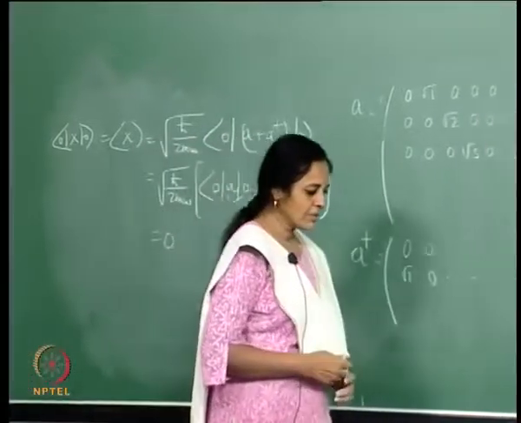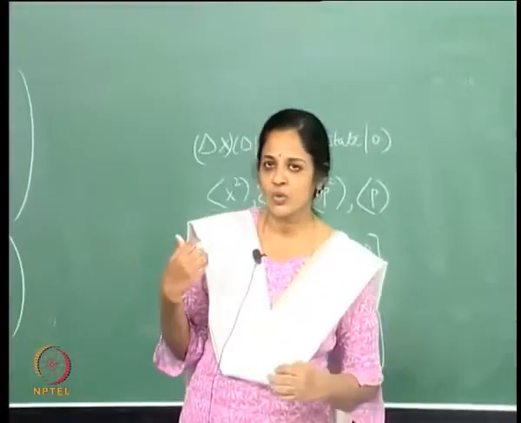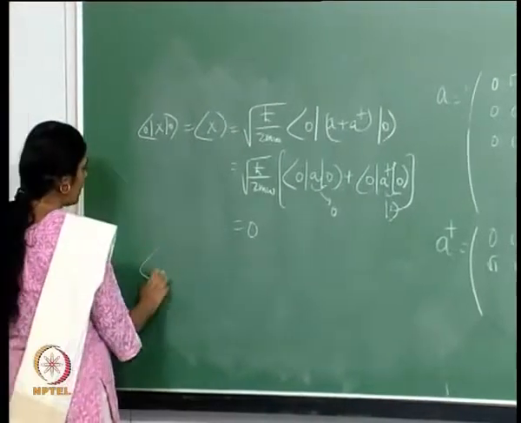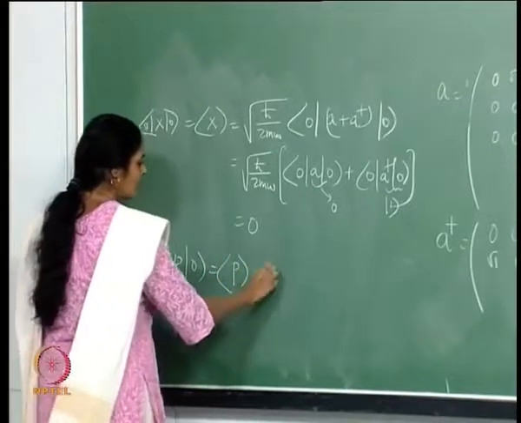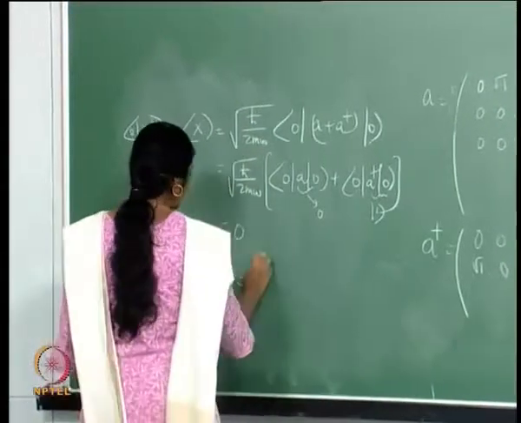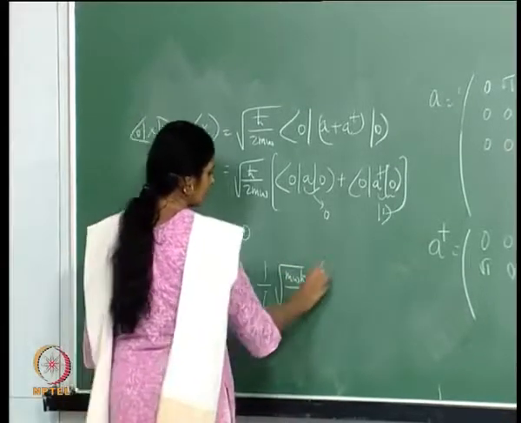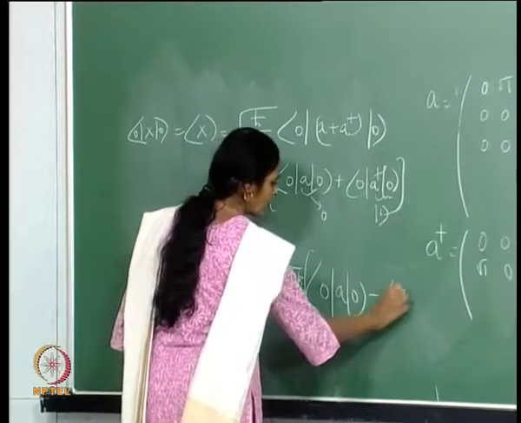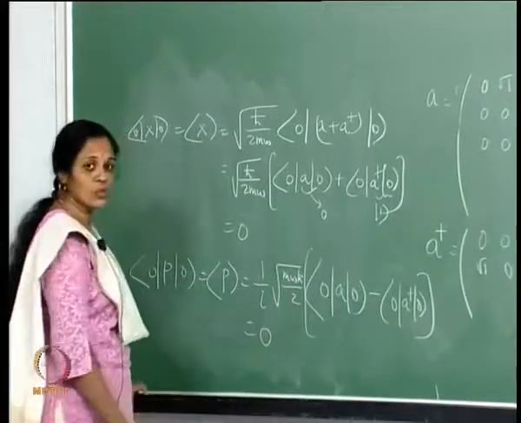In fact, it turns out that expectation value of p is also 0 in the ground state. We will see that right away, because expectation value of p, which I will denote in this fashion, is apart from root of m omega h cross by 2, it is expectation of 0 a 0 minus 0 a dagger 0, and for the same reasons that I gave earlier, this is also 0.